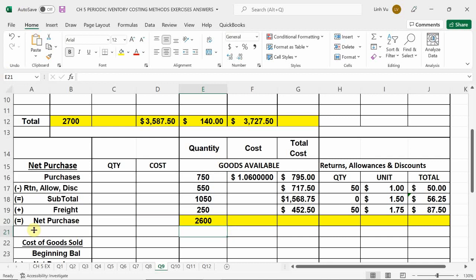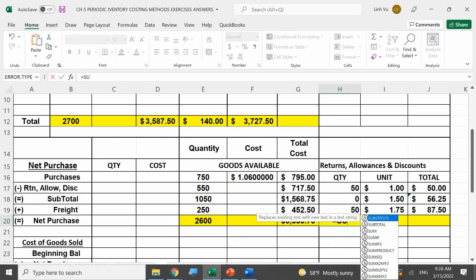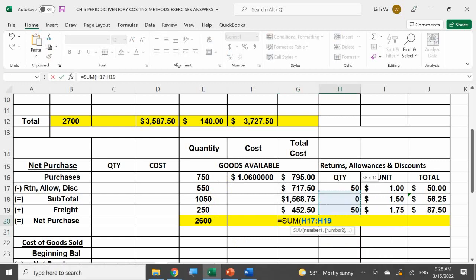And what's my total cost? I'll go ahead and solve this for you. Right, I'm at $3,533.75. How many items did I return? 100.